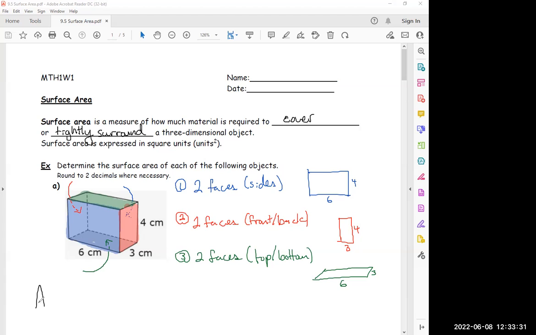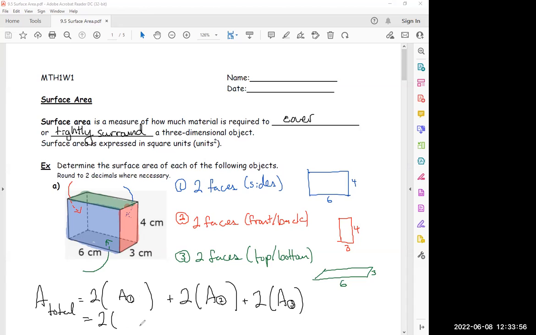Moving on. So what is the total area? Well, it will be 2 of the area of rectangle number 1, plus 2 times the area of rectangle number 2, plus 2 times the area of rectangle number 3.